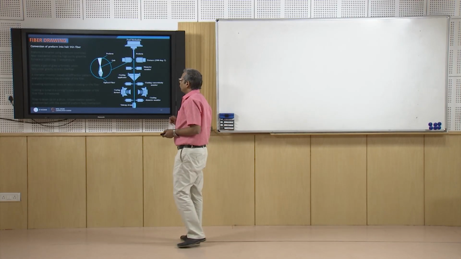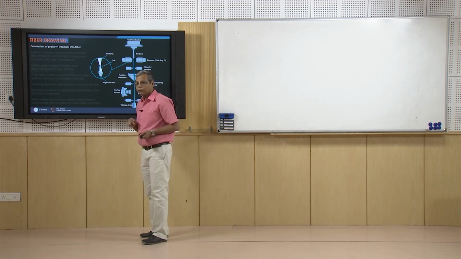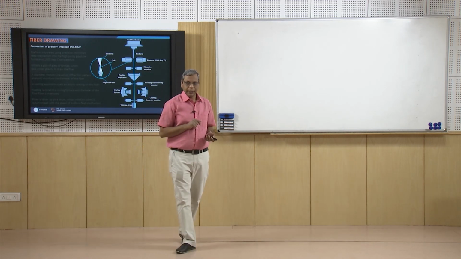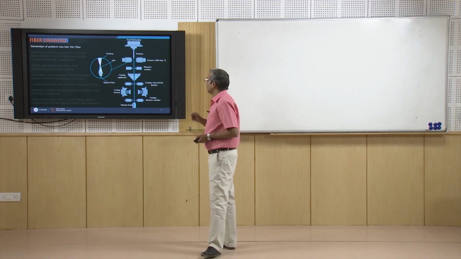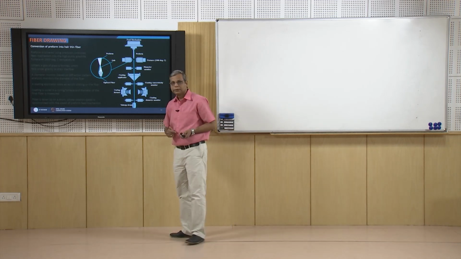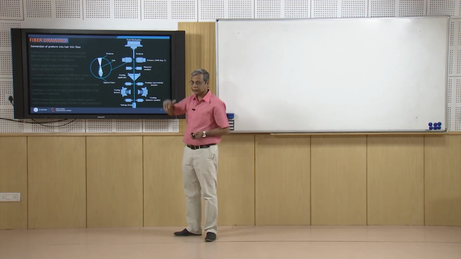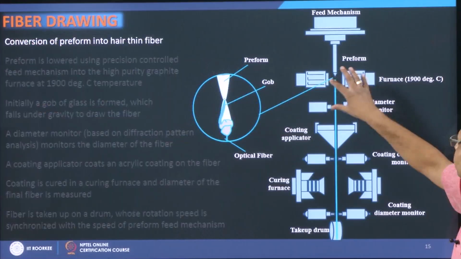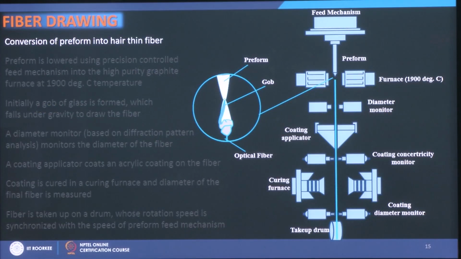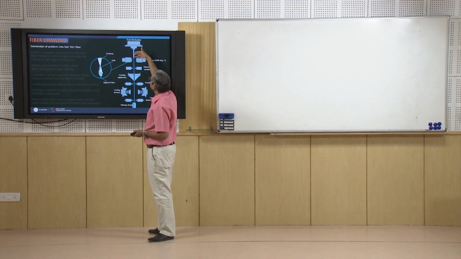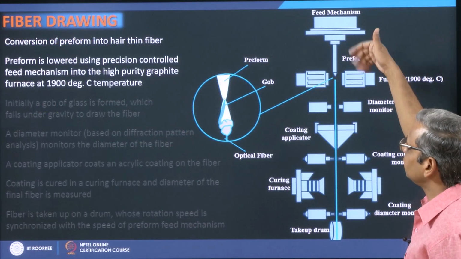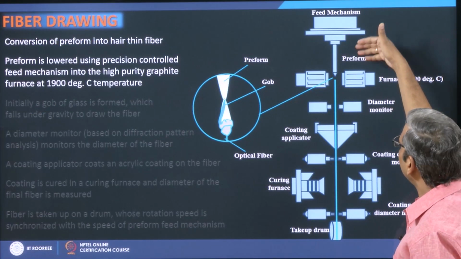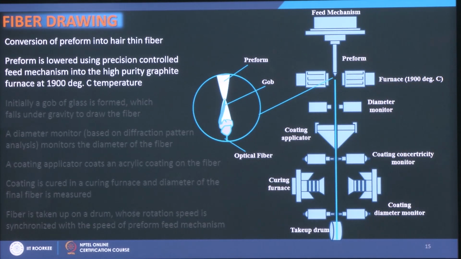Once you have made the preform, you have to draw fiber out of it, and it is done in a fiber draw tower which is as high as a 3-story building. On top you have a furnace which is kept at around 1900 degrees centigrade, and you lower the preform using a precise feed mechanism into this furnace, very slowly.